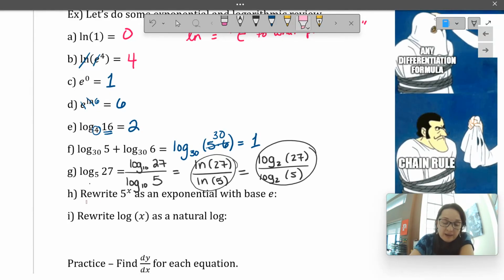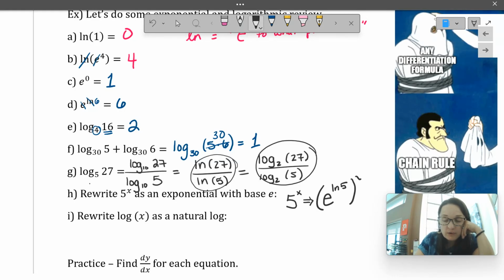And then the next part says rewrite 5 to the x as an exponential with a base of e. Interesting. So if I want to write 5 to the x as an exponential with base e, I can do that like this. e to the ln 5, to the x. Crazy, right?